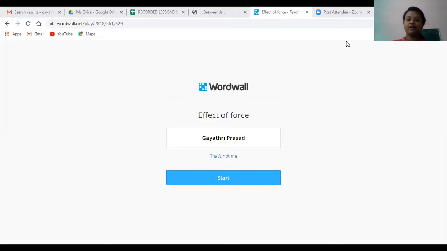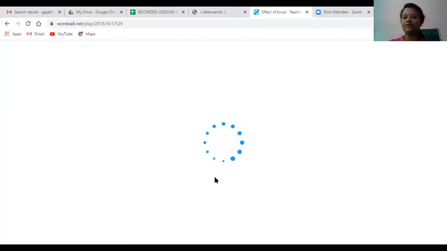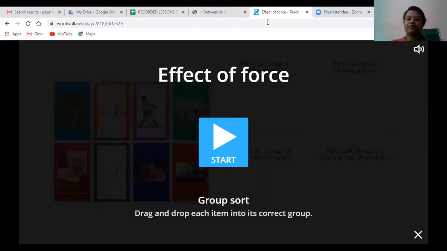Here is a short game to check on the effects of forces. So let us see what are the effects of force. So let's start.